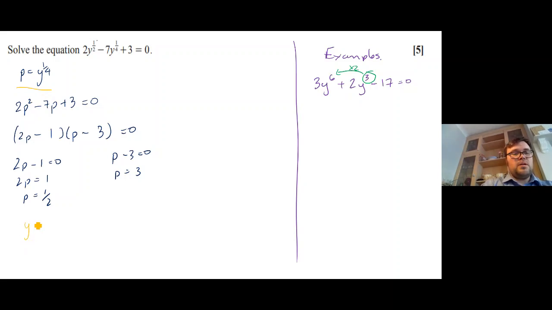We've now got y to the power of a quarter is equal to a half, and y to the power of a quarter is equal to 3. The opposite of a quarter is to the power of 4.